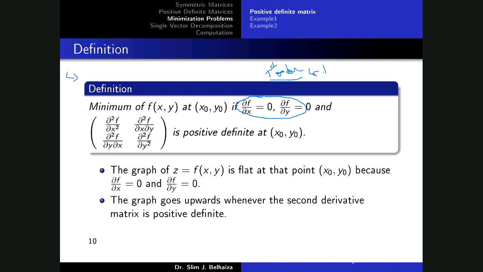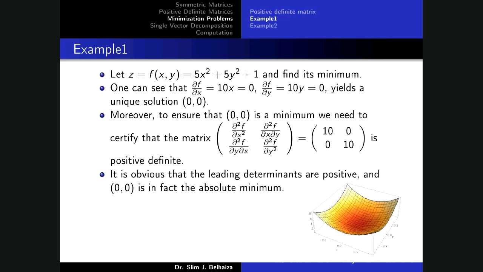And for the positive definite matrix, which is usually called the Hessian matrix, we need to make sure that it's positive definite to certify that we do have a minimum. And the graph goes upward when the second derivative matrix is positive definite. We've seen two examples, like for example 5x squared plus 5y squared.